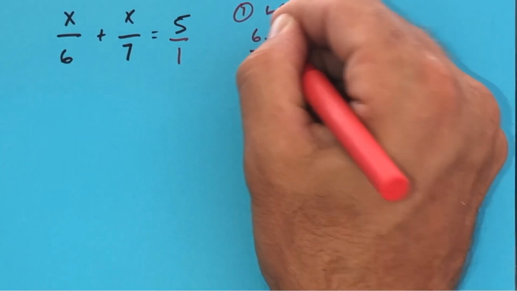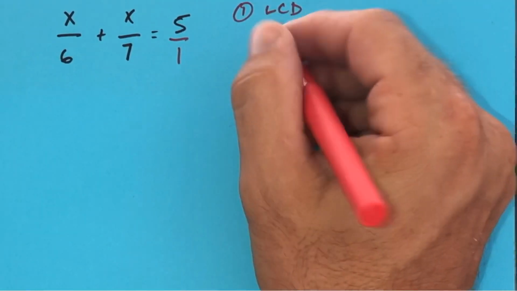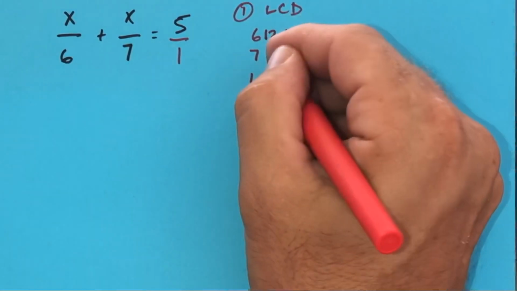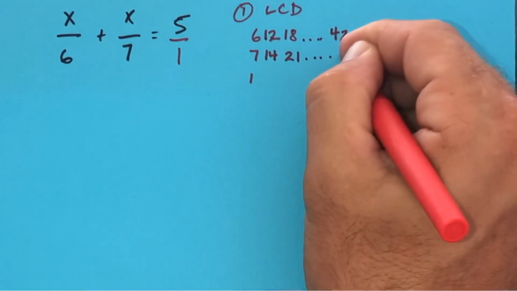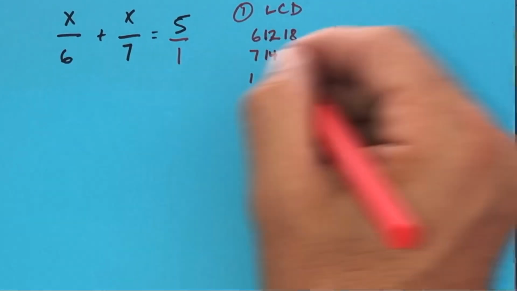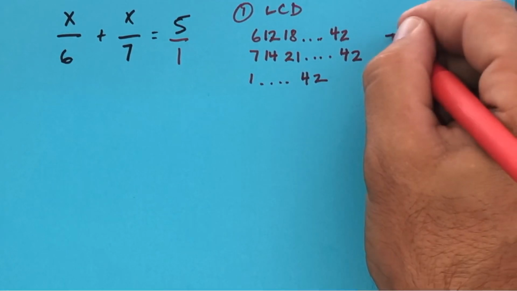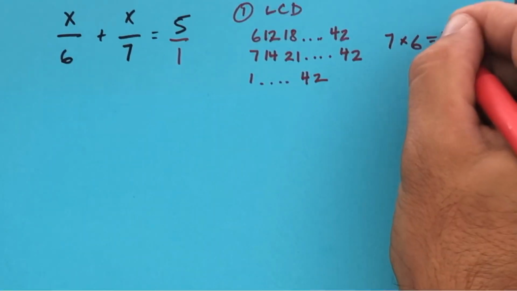Now, I could go 12, 18, but through experience, I know that the lowest common denominator between 7 and 6 is 42. Sometimes, and we all know sometimes your LCD is just the 2 numbers multiplied together.